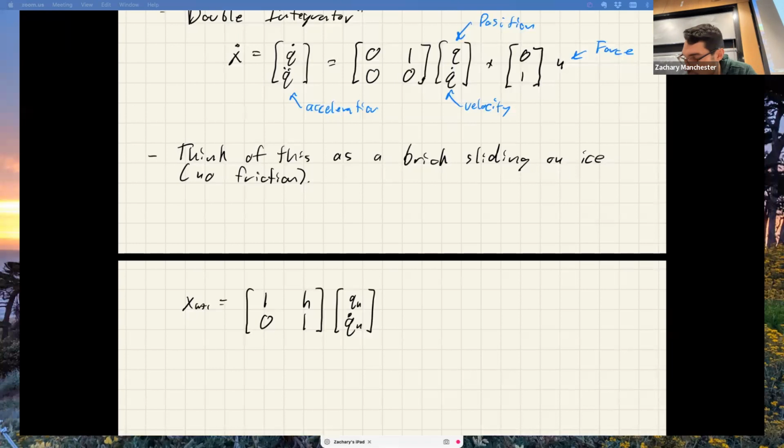And then the acceleration term, the B matrix, looks like this. I get an h times the acceleration, and then a 1/2 h squared kind of thing on the position. So that's your U k. And so this is your A.